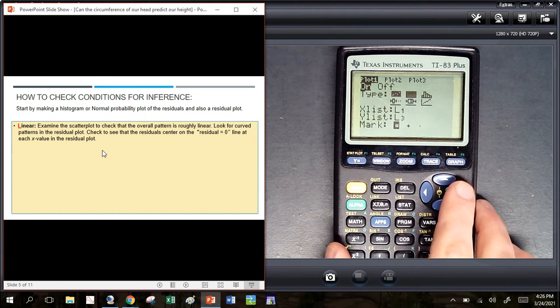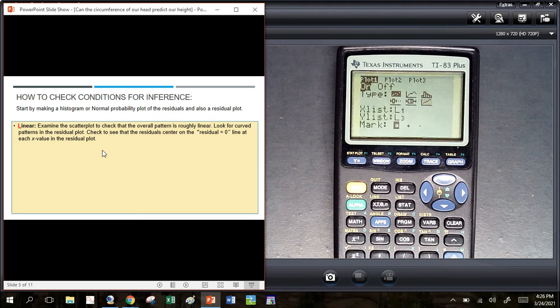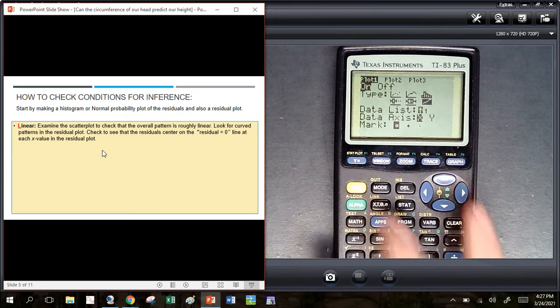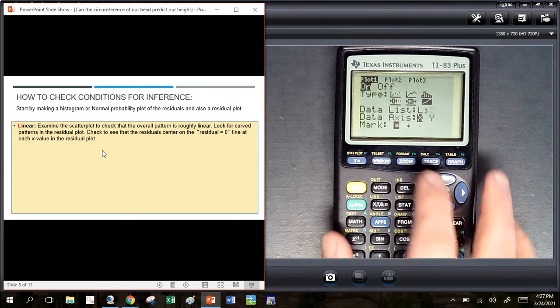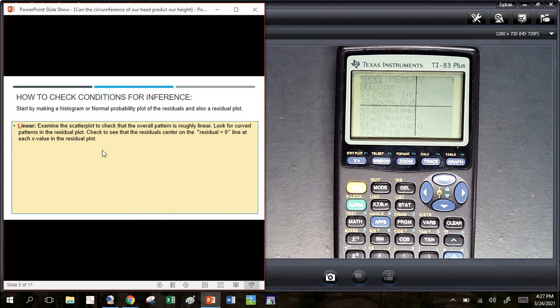The normal probability plot is this one here right at the end. And we're going to do it of our residuals, which remember were stored in L3. And then we'll do Zoom 9. And there we go. Basically, if your normal probability plot looks roughly linear, then you have a good indication that we are using linear data. So that's the linear one.